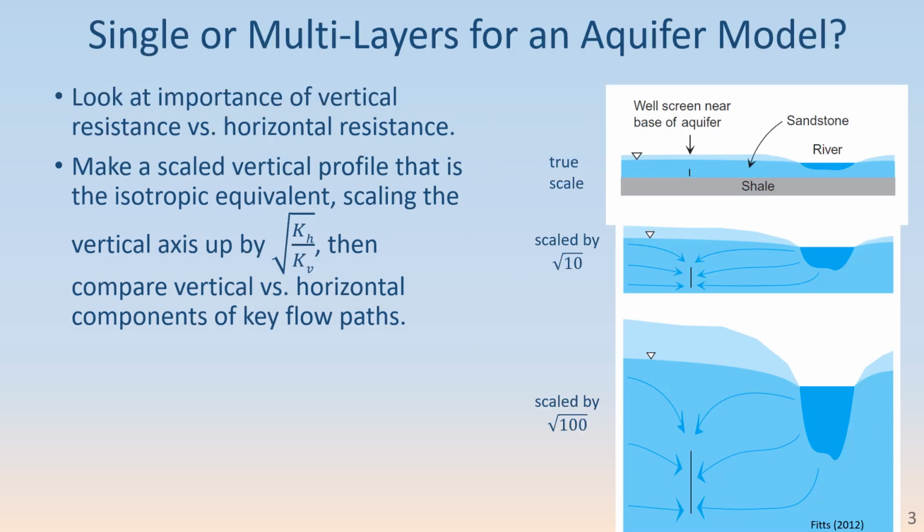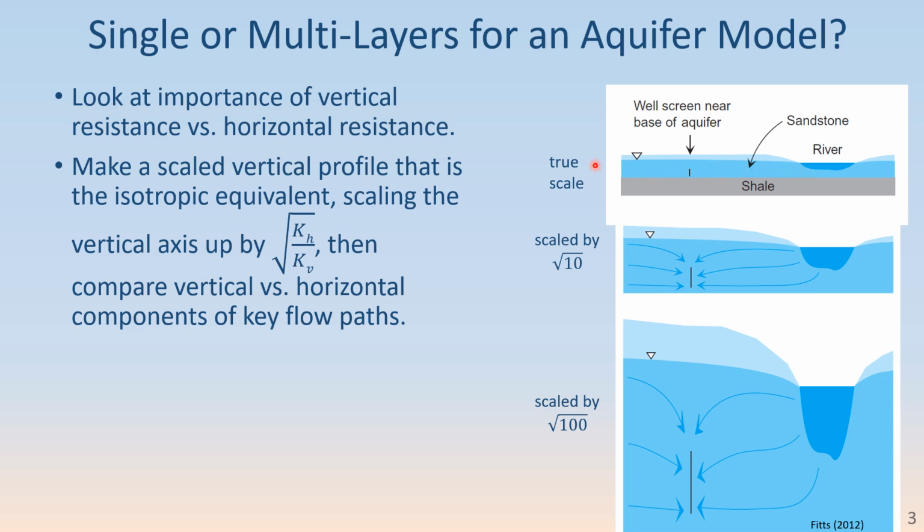Let's think about 2D versus 3D modeling with a specific example. Here's a vertical cross-section of our problem, which has a partially penetrating well screen near the base of the aquifer, and a partially penetrating river in the top of the aquifer over here, and we're wondering about modeling the interaction of those two things.